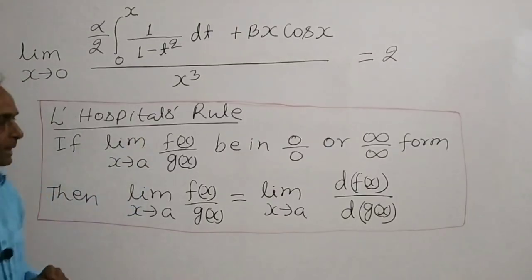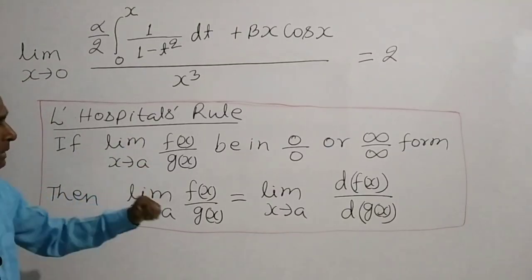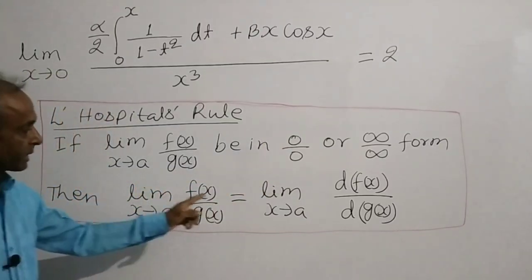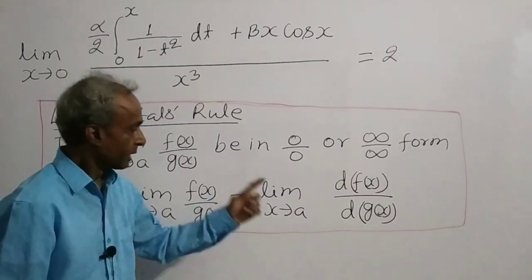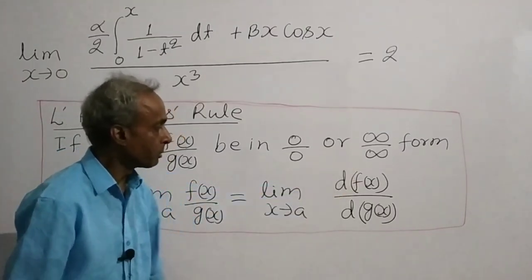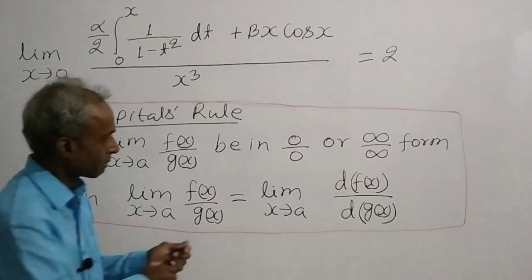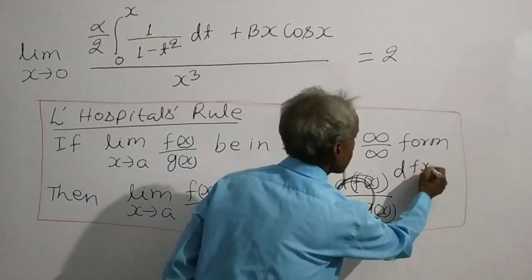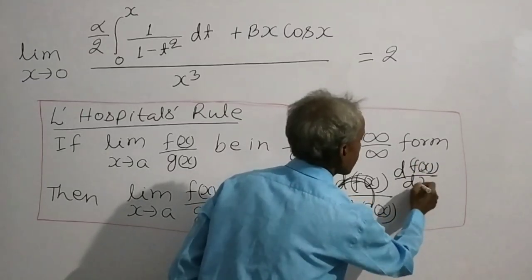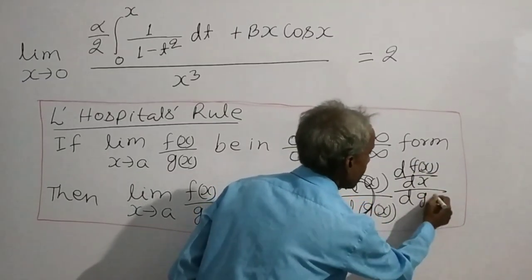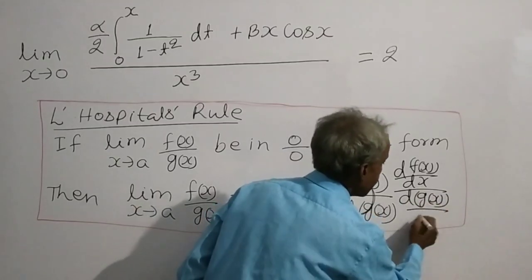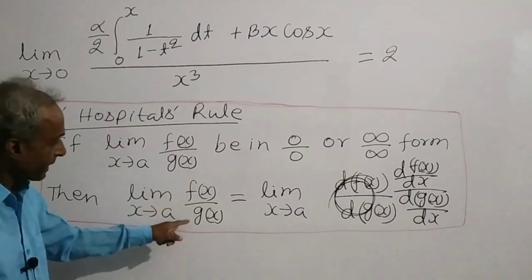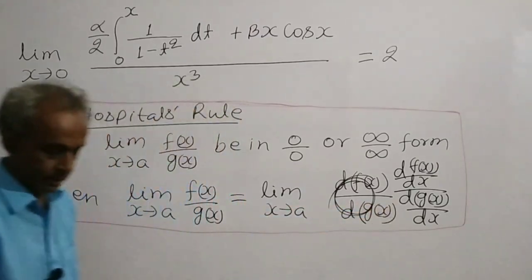This is L'Hospital's rule. If any limit is in 0 by 0 indeterminate form, then this limit will be equal to the limit of the derivative of the numerator, df(x) by dx, by dg(x) by dx, the derivative of the numerator by the derivative of the denominator.